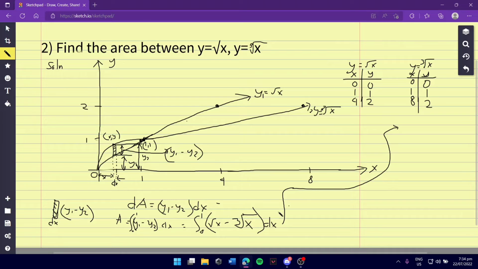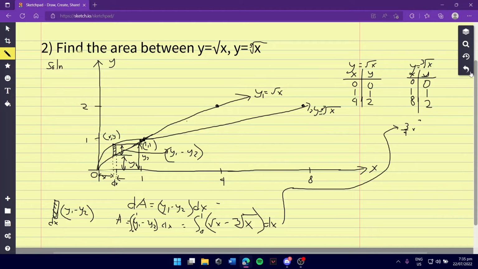So by mentally integrating, the integral of x raised to 1/2, just add 1 to the exponent, it will become 3/2. So the integral of x raised to 1/2 is x raised to 3/2 over 3/2. So 3/2, if we reciprocate it, if we put our denominator into the numerator, we will have our 2/3.